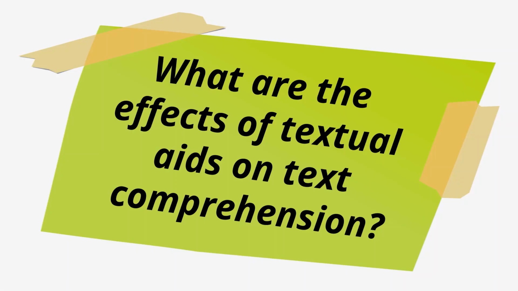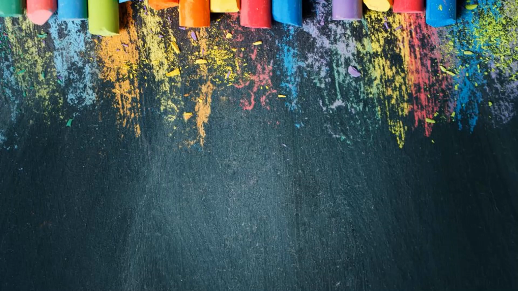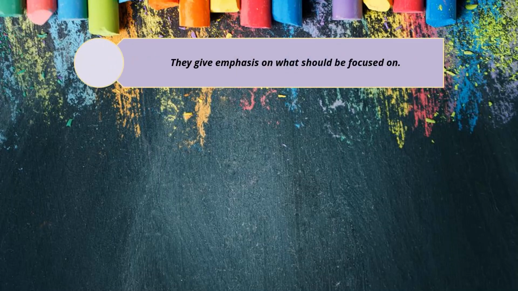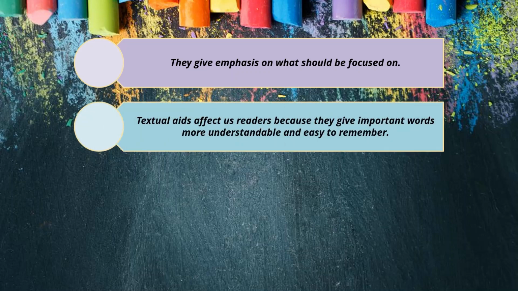After learning the different types of textual aids, we can now push through with the next question. What are the effects of textual aids on text comprehension? These are the effects. First, they give emphasis on what should be focused on. Second, textual aids affect us readers because they make important words more understandable and easy to remember.